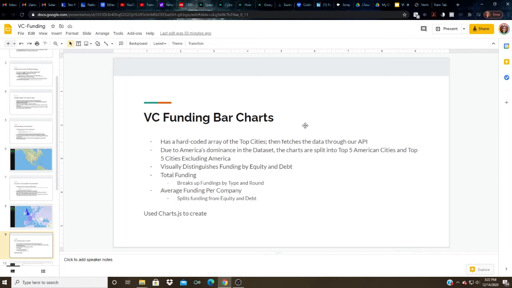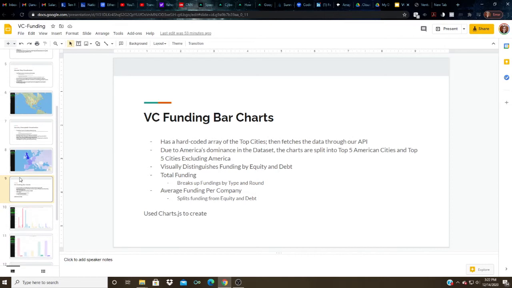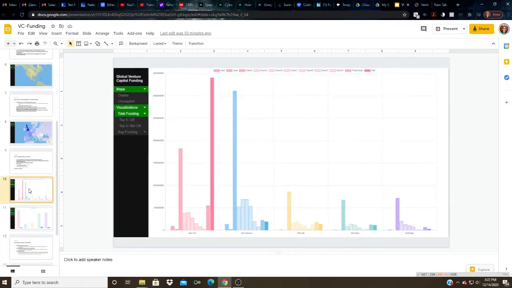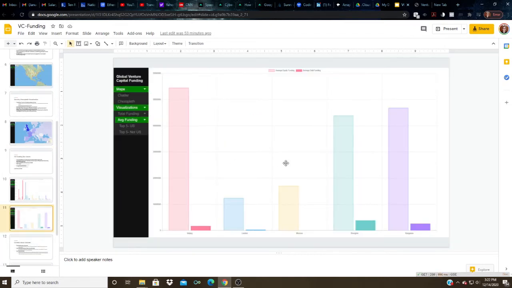We also looked at funding by the different rounds, and different types of funding like debt, equity, or venture capital. This uses Chart.js.